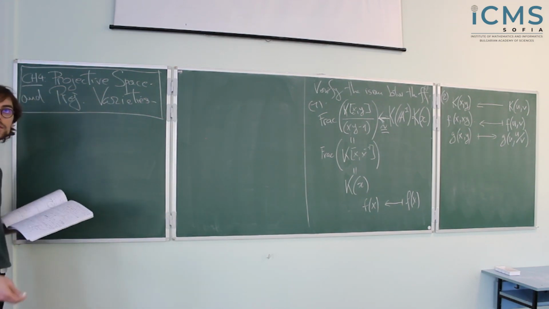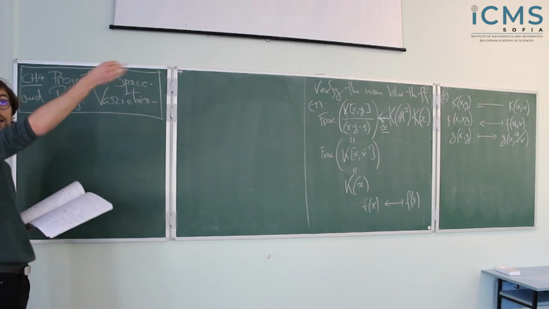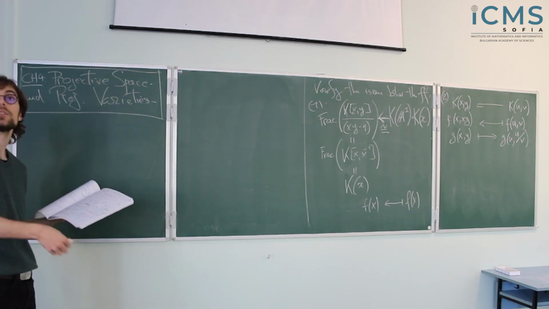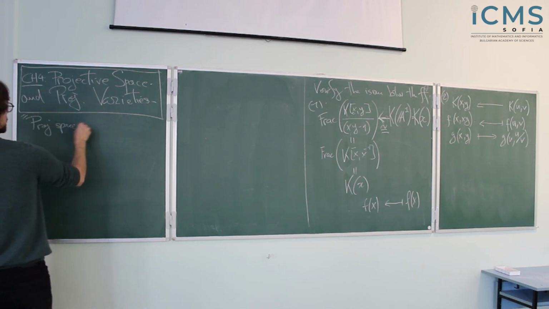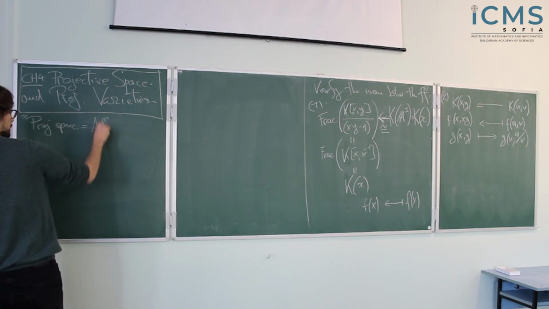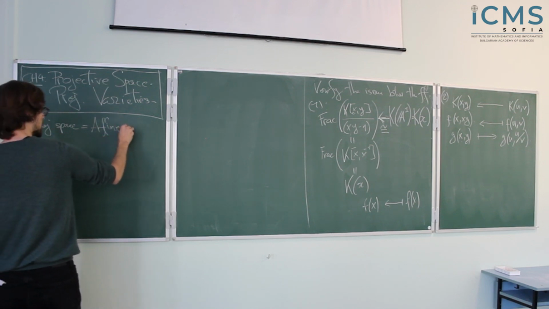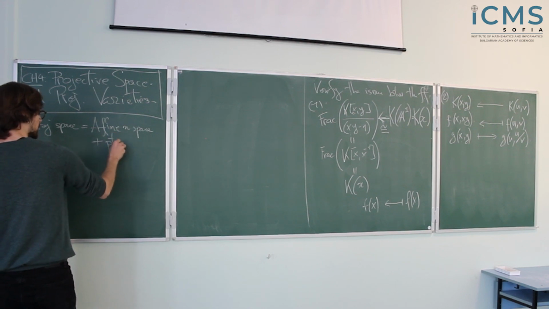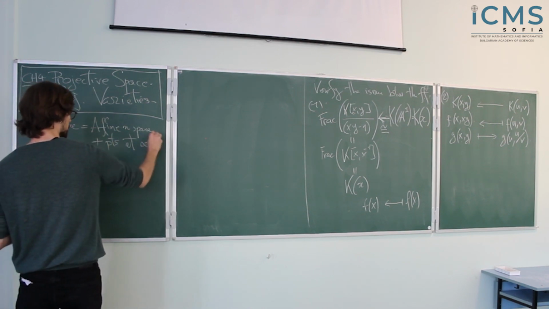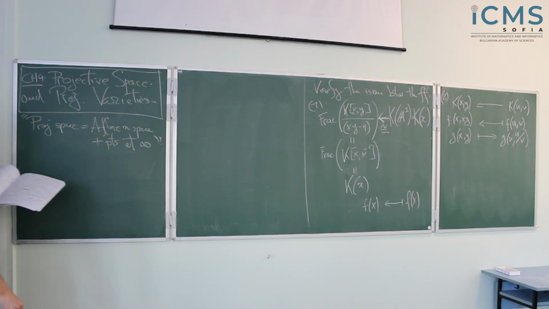And these points will be considered as being infinitely far, so points at infinity. So projective space should be seen as something like affine n-space plus points at infinity. Let's see what that means in a moment.